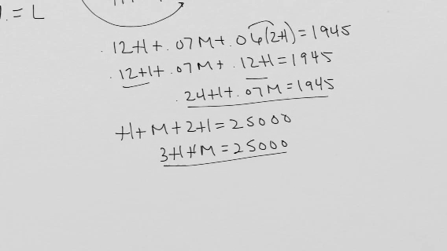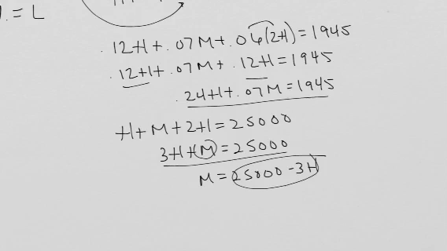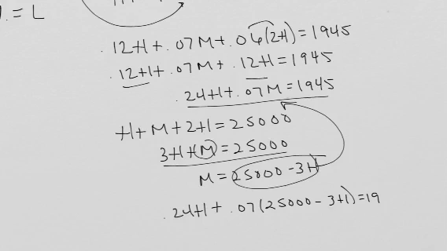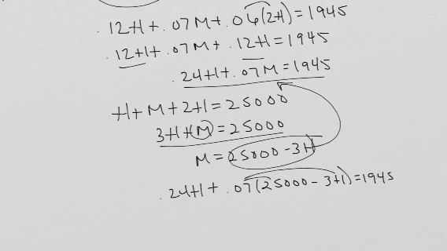It would be easiest to solve here for M. Then I can substitute this back in here for M, so 0.24H plus 0.07 times (25,000 minus 3H) equals 1945. Distribute that 0.07, so 0.24H plus 1750.